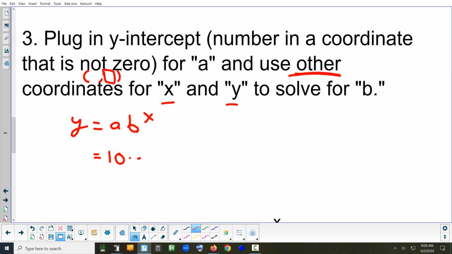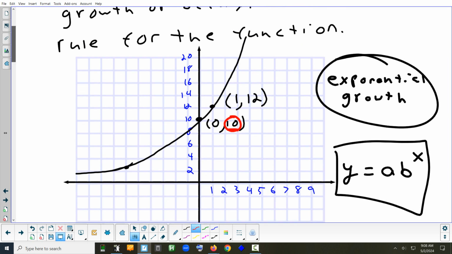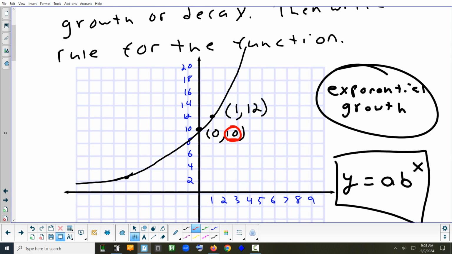Now B, we don't know. So we're just going to leave the B for now. But the y and the x, we do know. The y and the x come from the other coordinate. So let's go back up and look at the other coordinate. What's the other coordinate they gave me in that picture? 1, 12.